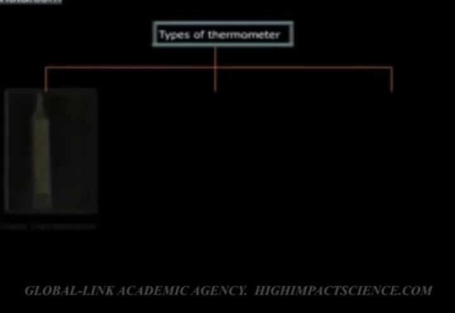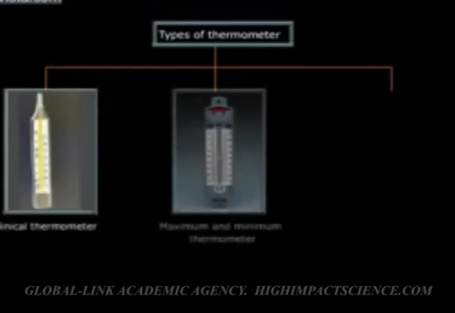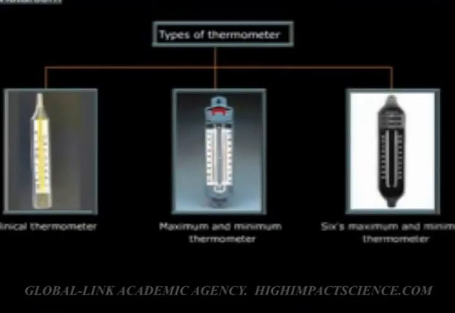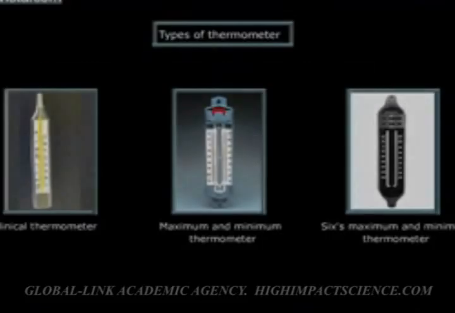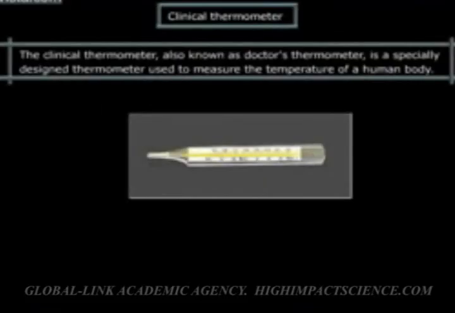Commonly used thermometers include the clinical thermometer, the maximum and minimum thermometer, and the Six's maximum and minimum thermometer. We look at the clinical thermometer. A clinical thermometer, also known as a doctor's thermometer, is a specially designed thermometer used to measure the human body temperature.